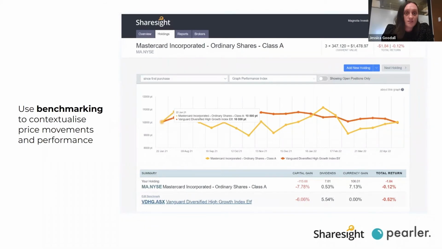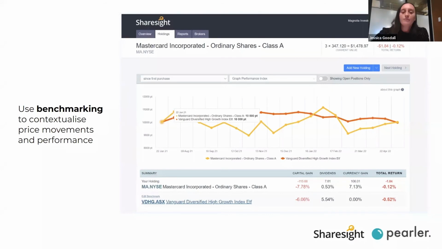And that was before I started using benchmarking. And benchmarking, which again, you can use within Sharesight for free, enables you to understand your performance and the price movements of that asset in the context of the market at large, if you pick an index that kind of covers that, or another asset that you're perhaps wanting to benchmark to.